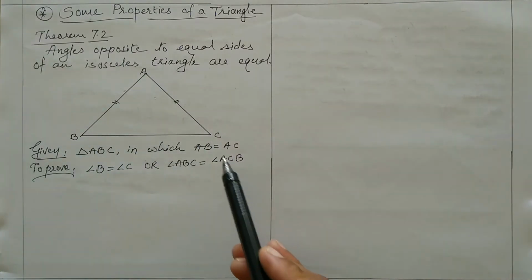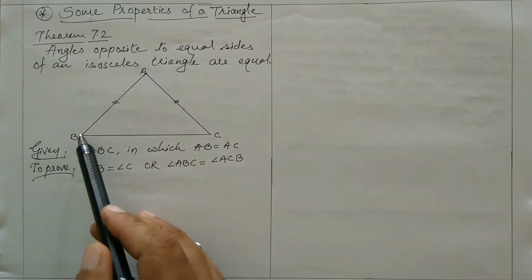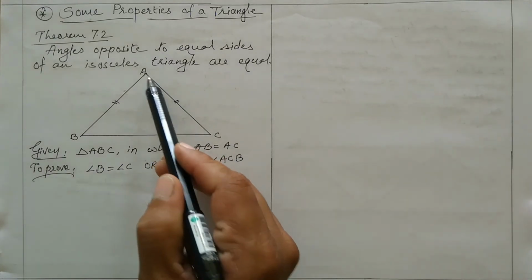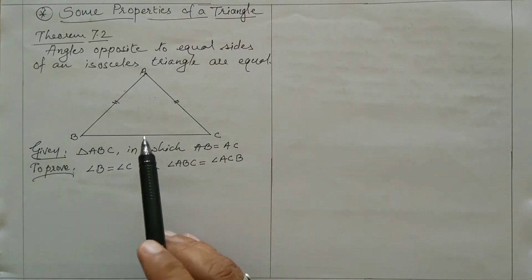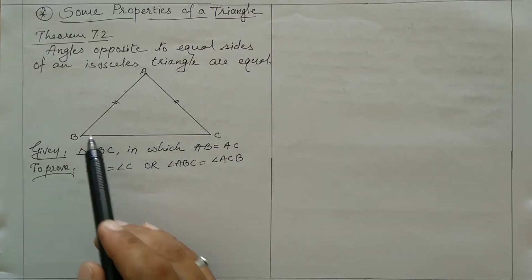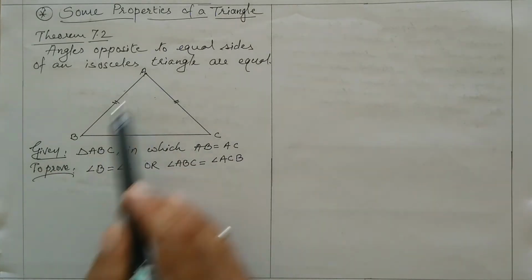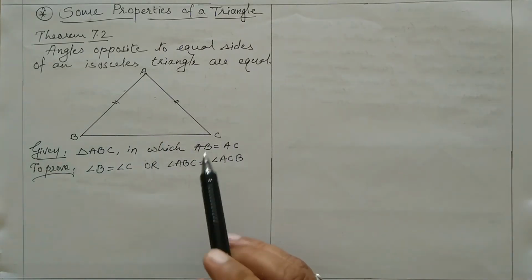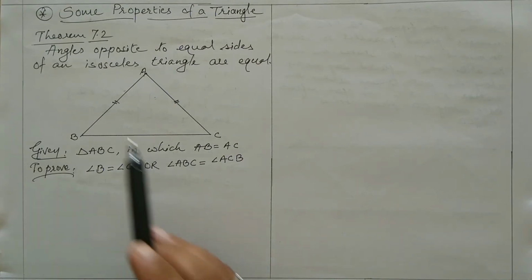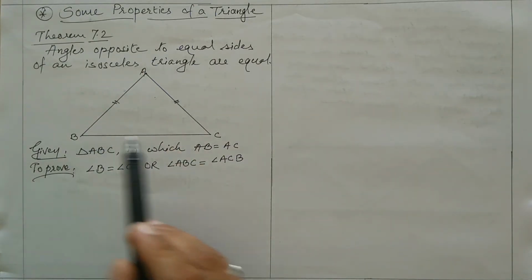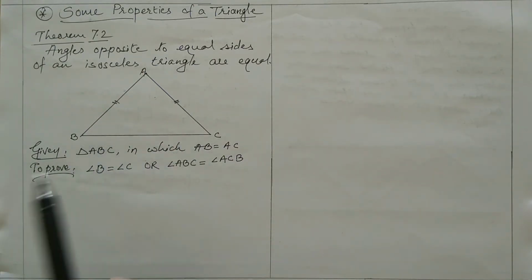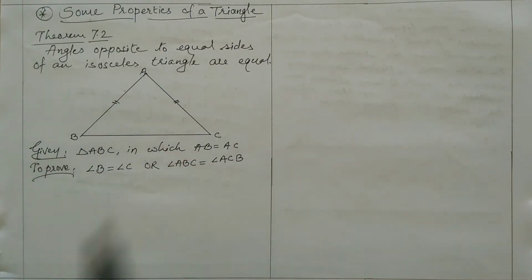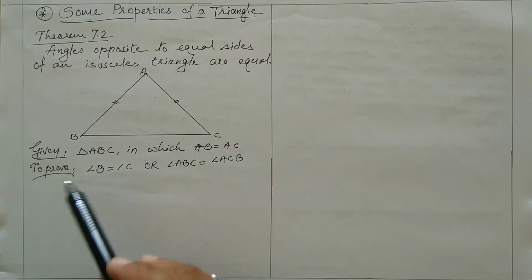So AB is equal to AC. So what is angle opposite to AB? That is angle C. And angle opposite to AC is angle B. So your target is you have to prove angle B is equal to angle C. So given triangle ABC in which AB is equal to AC, then you have to prove angle B is equal to angle C, or you can name it angle ABC using 3 letters is equal to angle ACB.